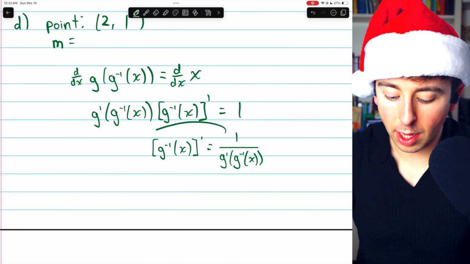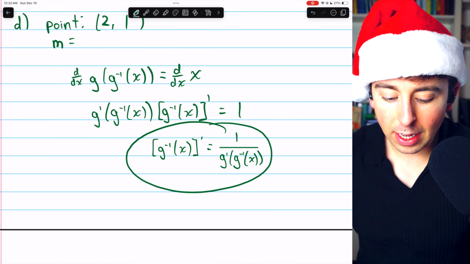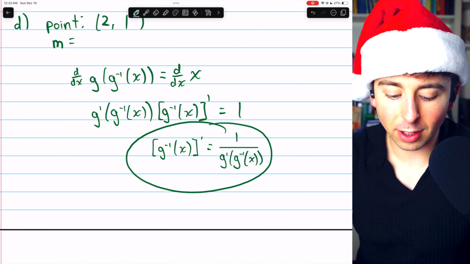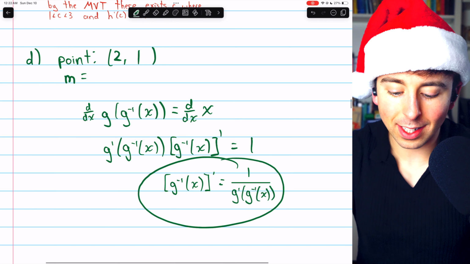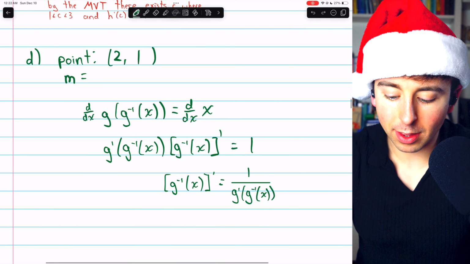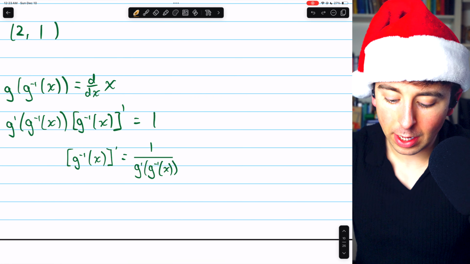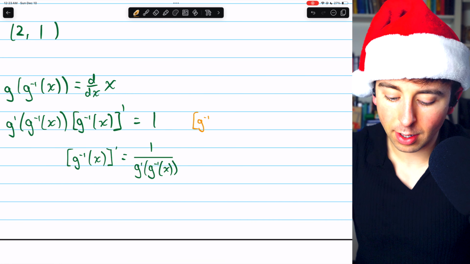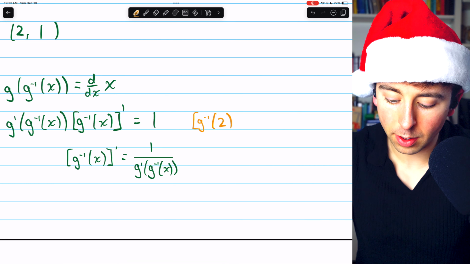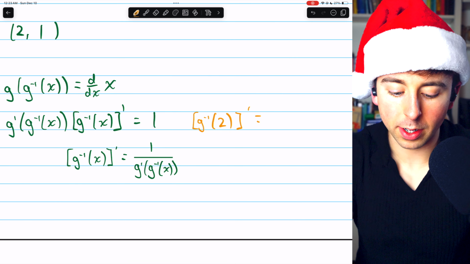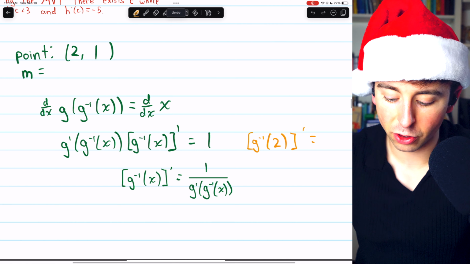Alright, there's our formula for the derivative of g inverse, so we can use that now to find the slope of g inverse at this point. Let me write this part in orange. So now we are looking for g inverse of 2 prime, right? We want the slope where x equals 2.